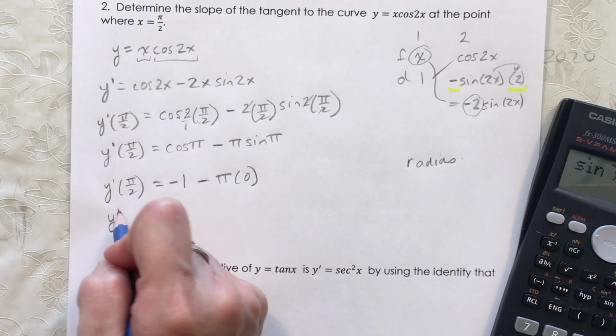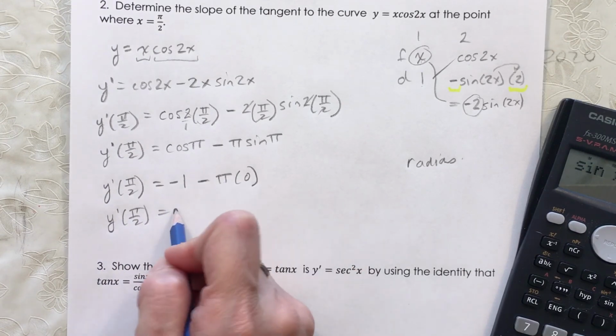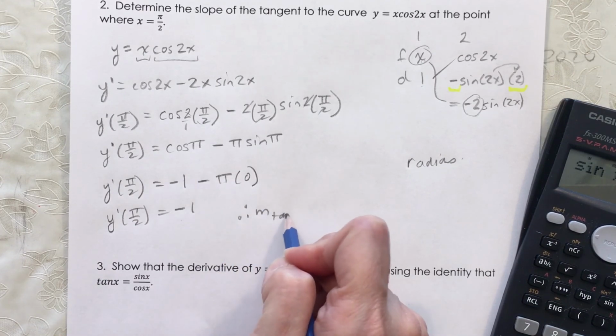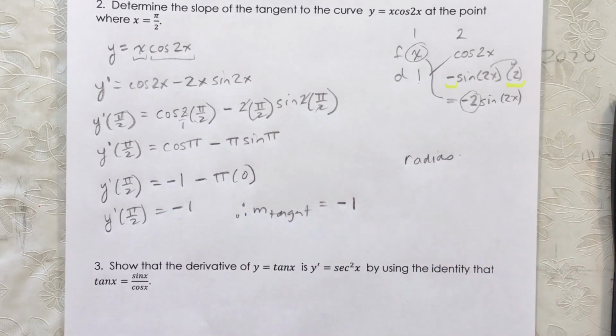So y prime at pi over 2 is -1 minus 0, which is just -1. So therefore m tangent is -1. Okay, so make sure you put your calculator in radians if you don't have the unit circle, the sines and coses and radians all memorized.